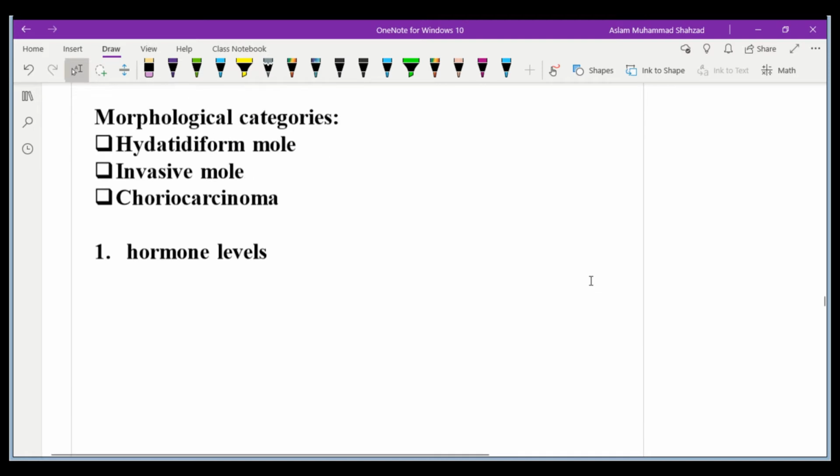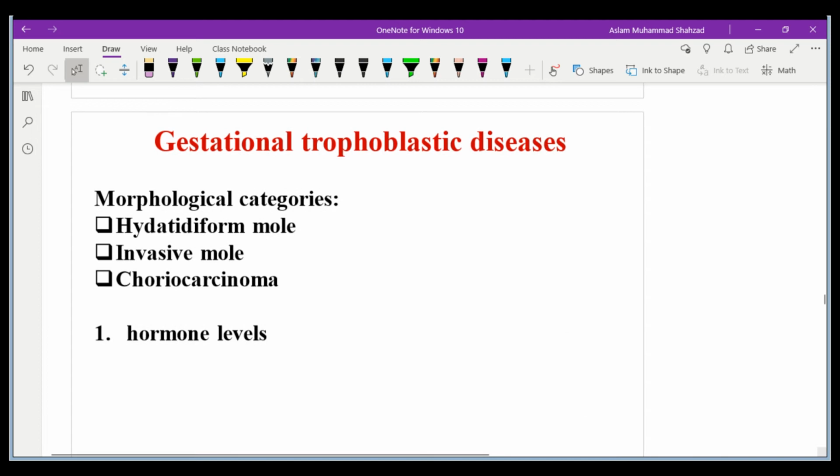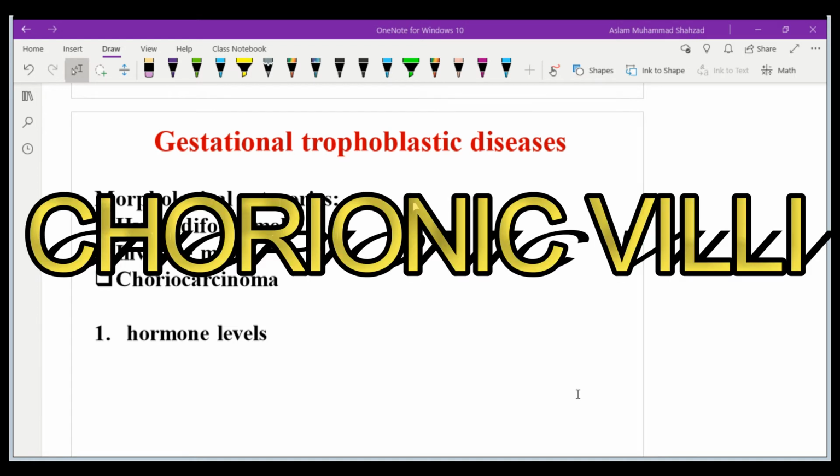The typical hydatidiform mole is a voluminous mass of swollen, sometimes cystically dilated chorionic villi, and the shape looks like a grape-like structure.